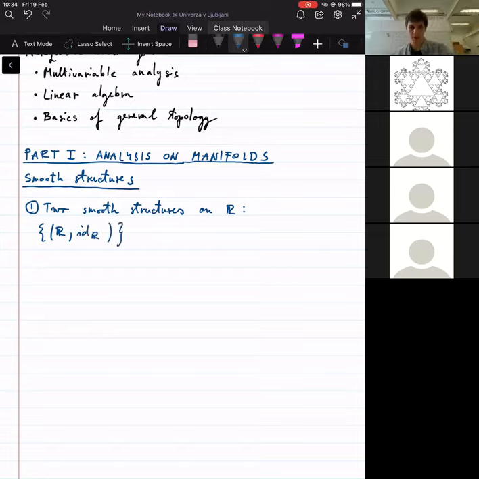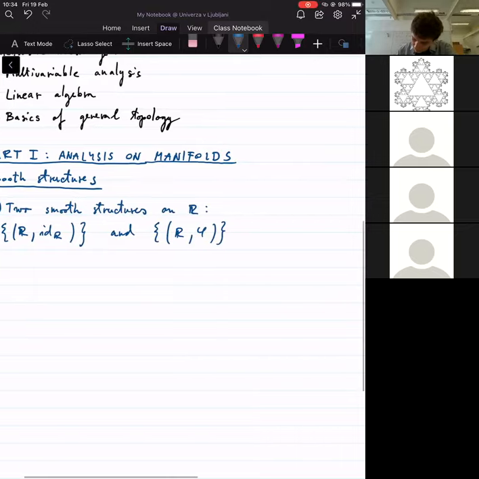So this is one atlas, so one smooth atlas, and another is R and phi. So, and what is phi here? Phi is a function that is given by phi of x is x to the power of 3.